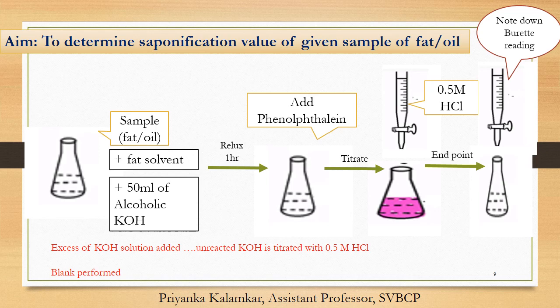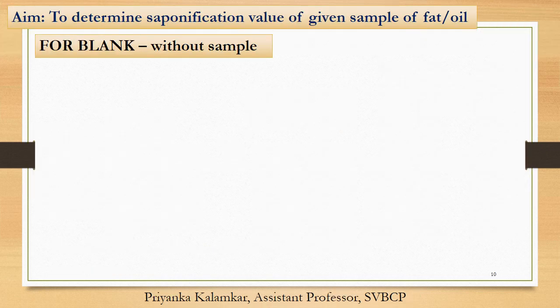Now you have to carry this out for the test reading, whatever sample you are taking. But this is a type of back titration. As you are using an excess amount of KOH and trying to find out the unreacted KOH, we need to perform a blank titration. How are we going to do the blank titration? Without sample.